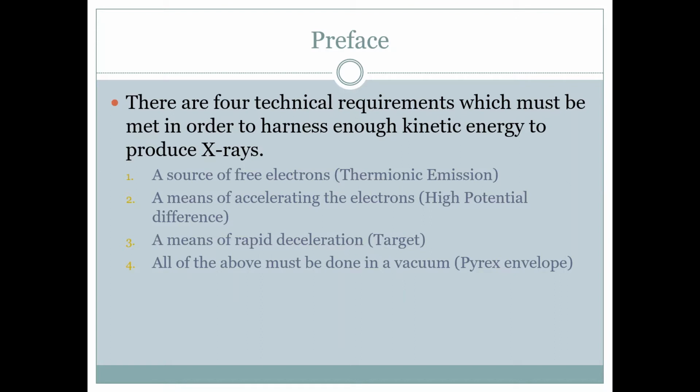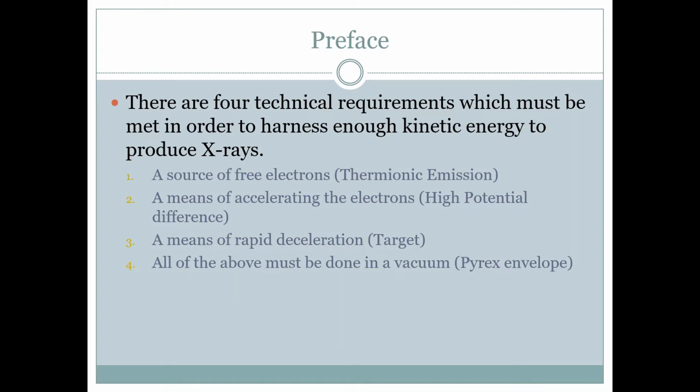And much like an incandescent light bulb, the electrons are so active around the cathode that they can't stay on and around the cathode wire, so they move off into the space around the cathode wire. For that reason, you might hear this referred to as another term, space charge. Thermionic emission and space charge. In any case, we need a cloud, a source of free electrons, so that we can speed them up. That brings me to my next thing.